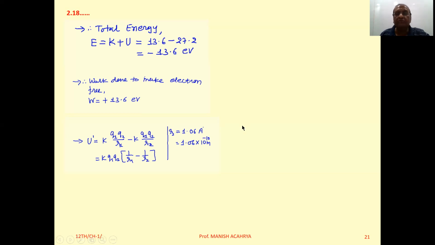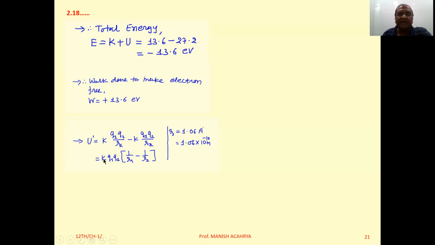And now we have to calculate the potential energy of the system, then kinetic energy, and work done to make electron free. So now potential energy is K Q1 Q2 upon R1 minus K Q1 Q2 upon R2.